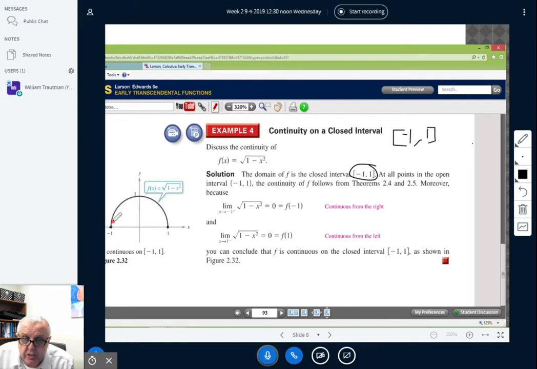So if you discuss the continuity, if you look at the graph, there are no holes or asymptotes or anything. So the graph is continuous between -1 and 1, including 1 and -1, because those are filled in at that spot. So this is continuous as you're moving from left to right, and it's continuous as I move from right to left.